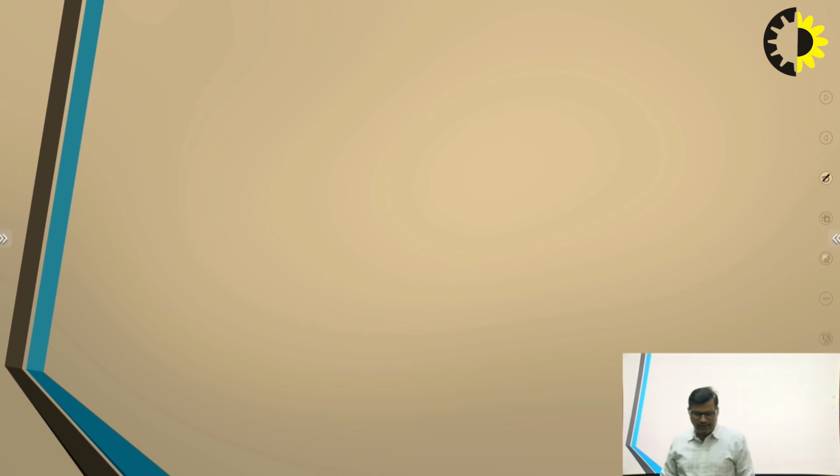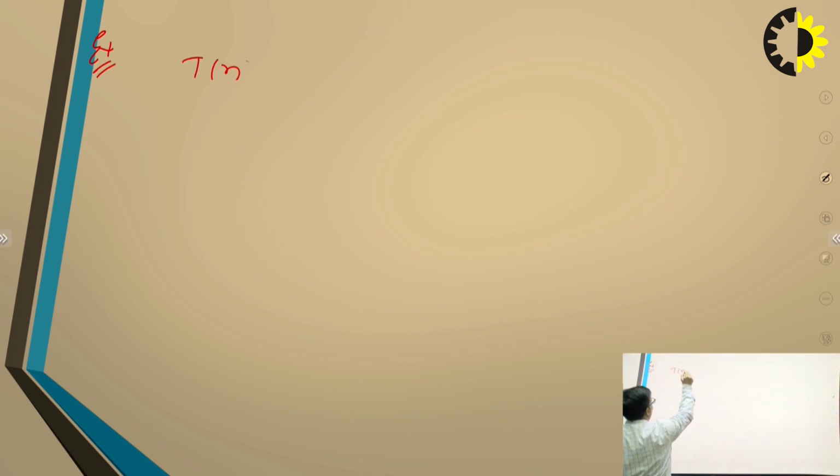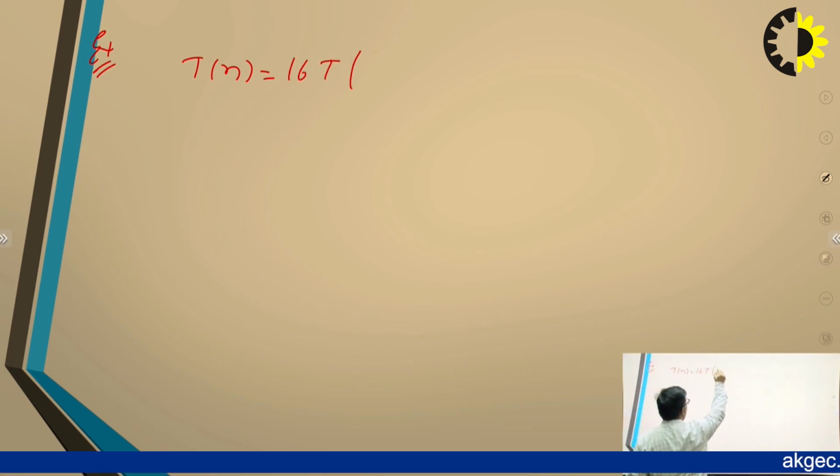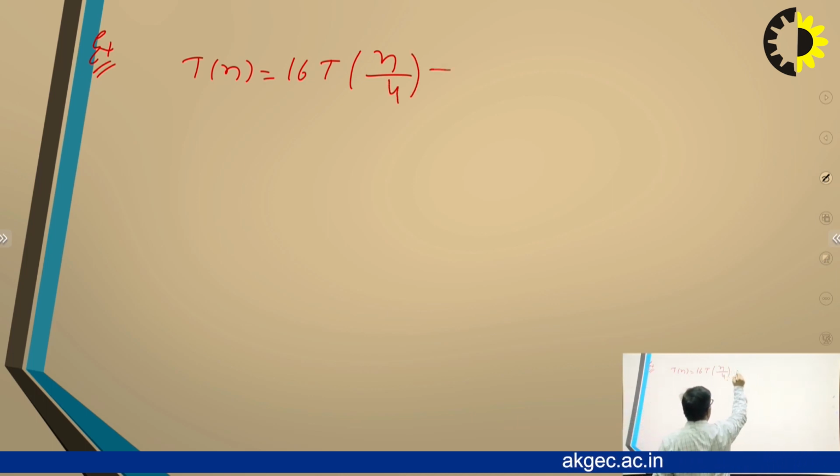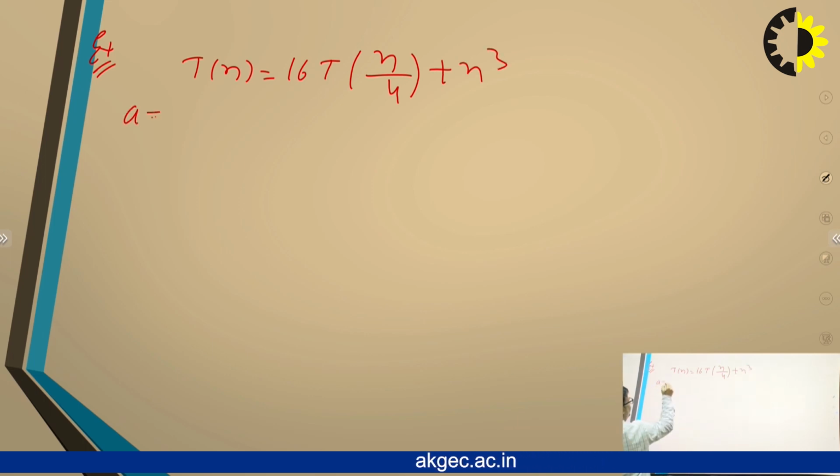Again we will take the next example: T(n) equals 16 T(n by 4) plus n cube.